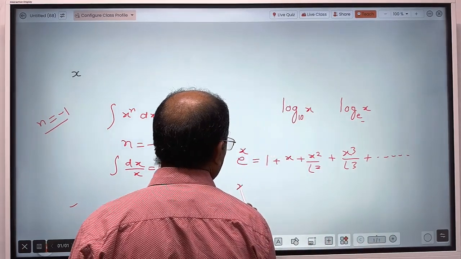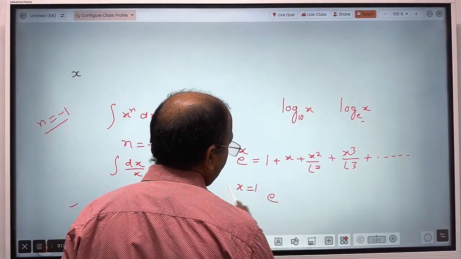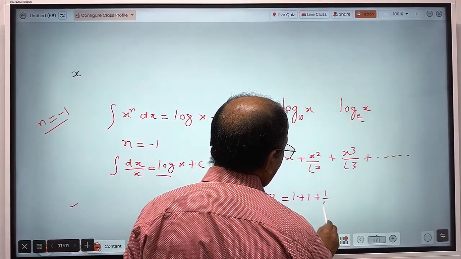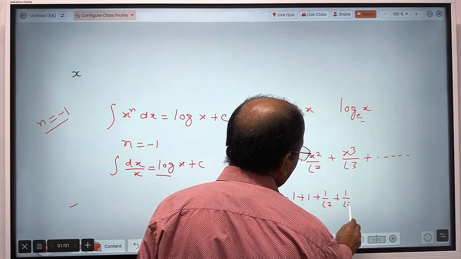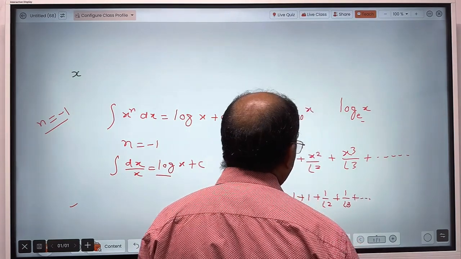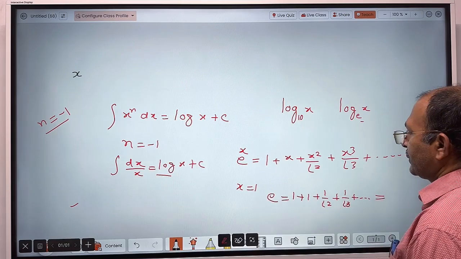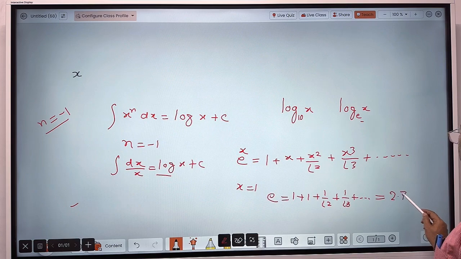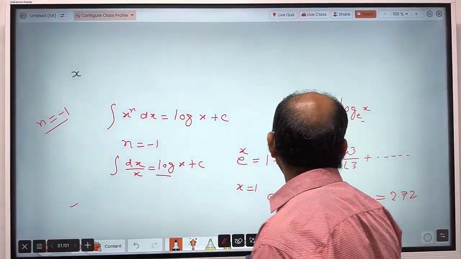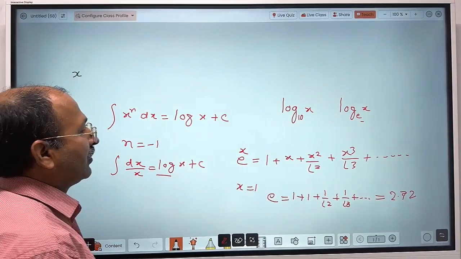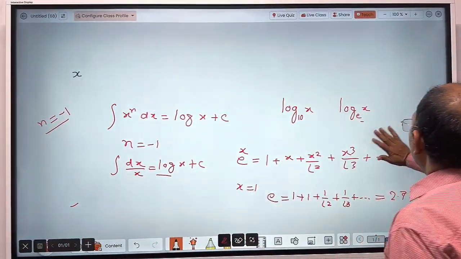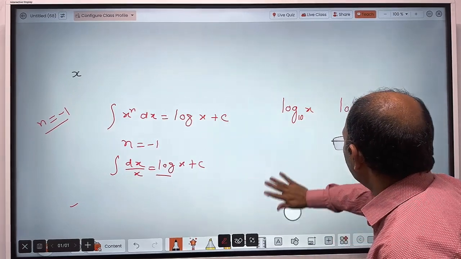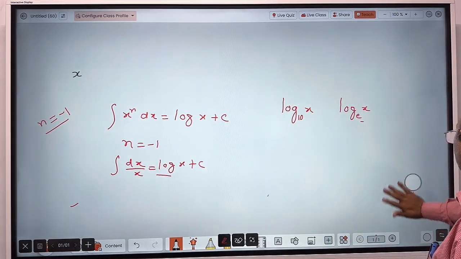Now, if we put x equal to 1, we get the value of e, that will be 1 plus 1 plus 1 upon factorial 2, 1 upon factorial 3 and so on. Although this is an infinite series, so the exact value can't be obtained, it will be around 2.72. We will see in mathematics how to get it by using geometric progression. Here, our concern is to make you aware of the basic facts, so I'm not going into detail.